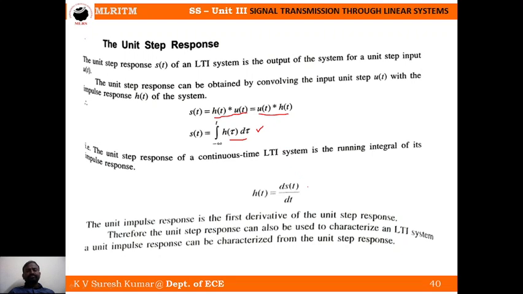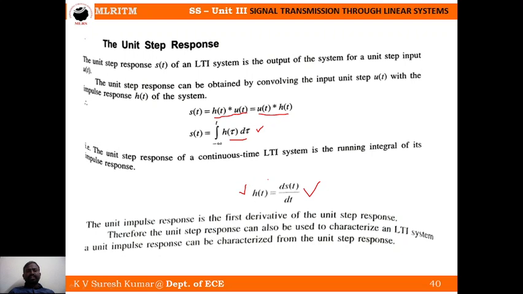Here we have already seen in the first unit that if you differentiate the step signal, we will be getting the impulse signal. In the same way, if you differentiate the step response, d by dt of s of t, you will be getting the impulse response, which is h of t.